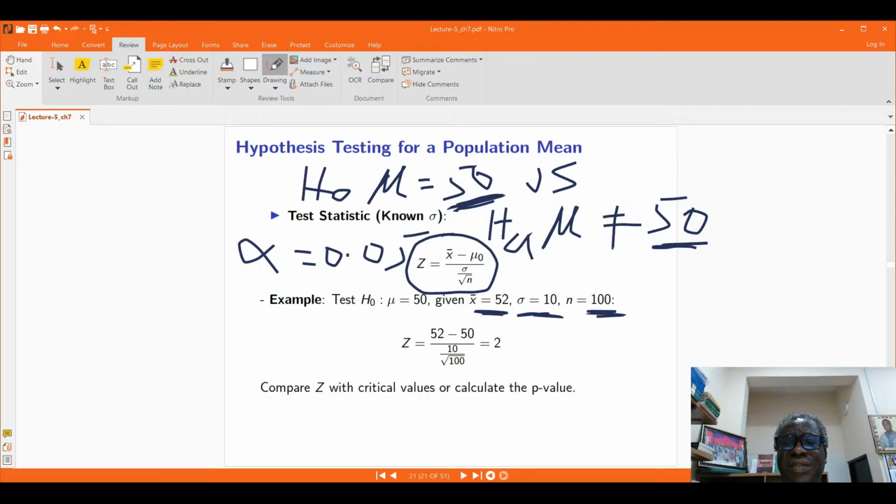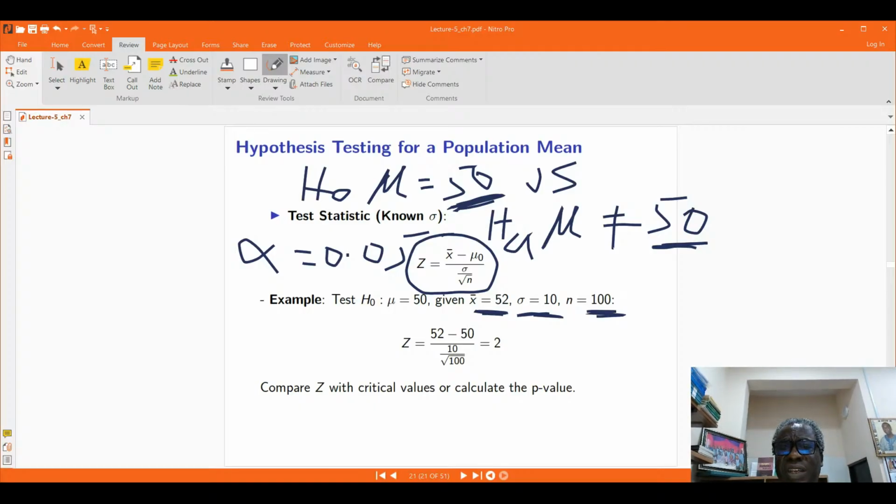So we can substitute that to get the value of z. This is what we call the z-test statistic. The value is 2.